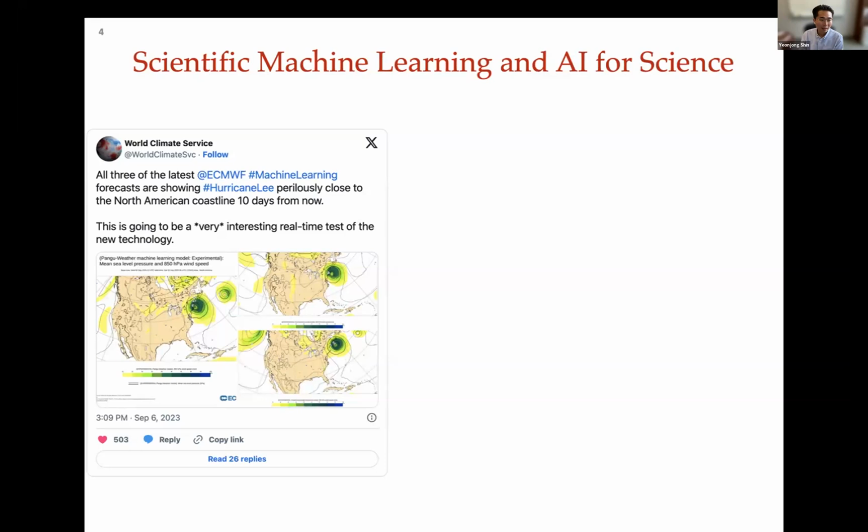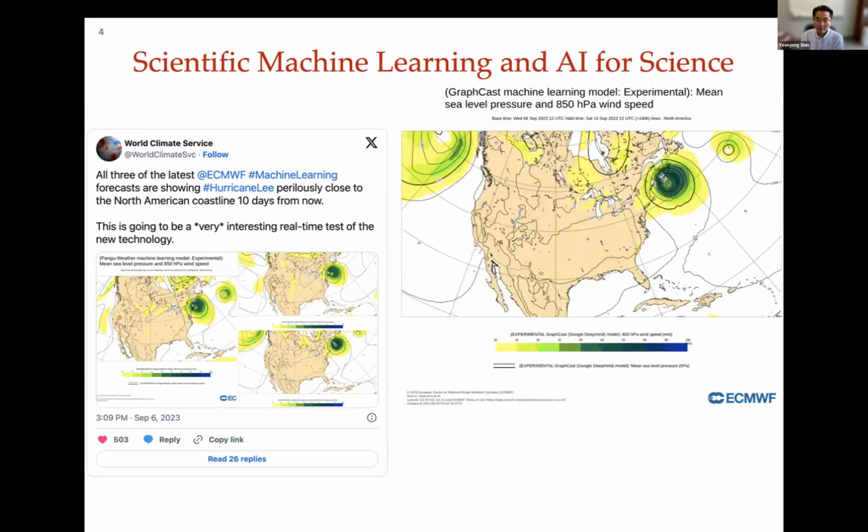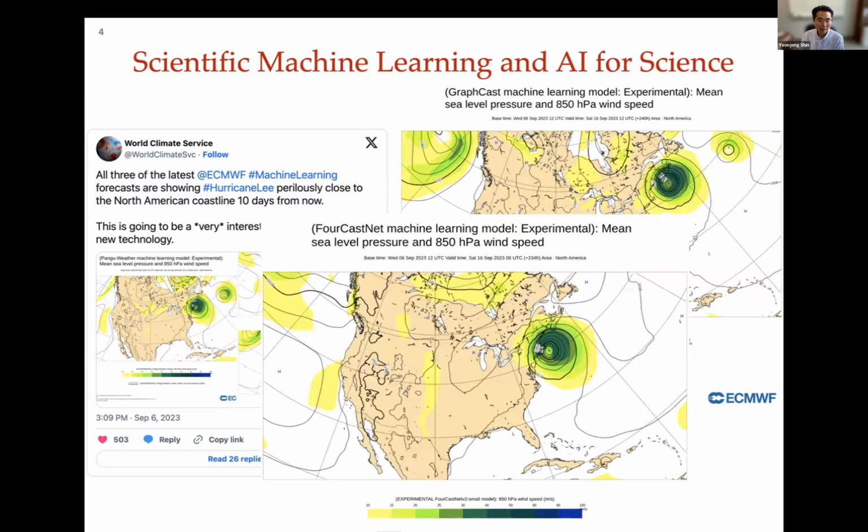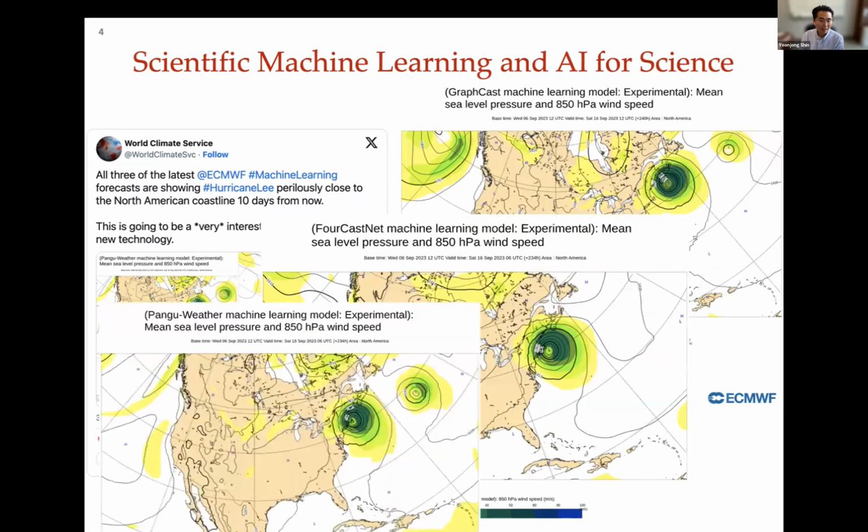One of the claims is that three of the machine learning weather forecast models are capable of predicting some behavior of Hurricane Lee, consistently forecasting landfall between Cape Cod and Nova Scotia. This one is the model called GraphCast, and this is FourCastNet and Pangu-Weather, etc. So this somehow justifies why people care about so-called operator learning.